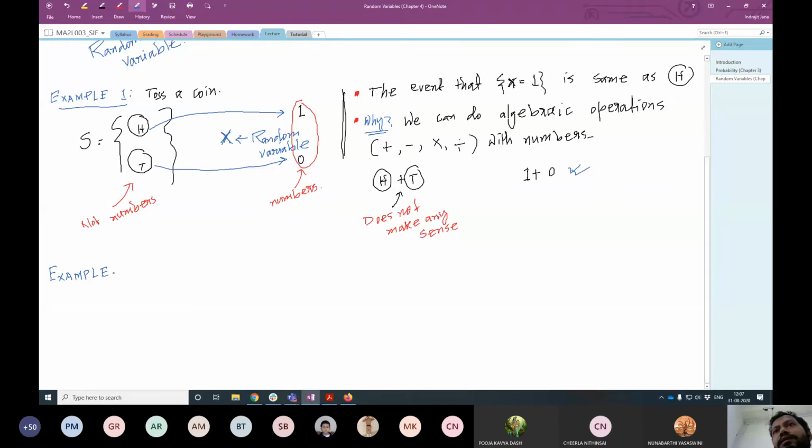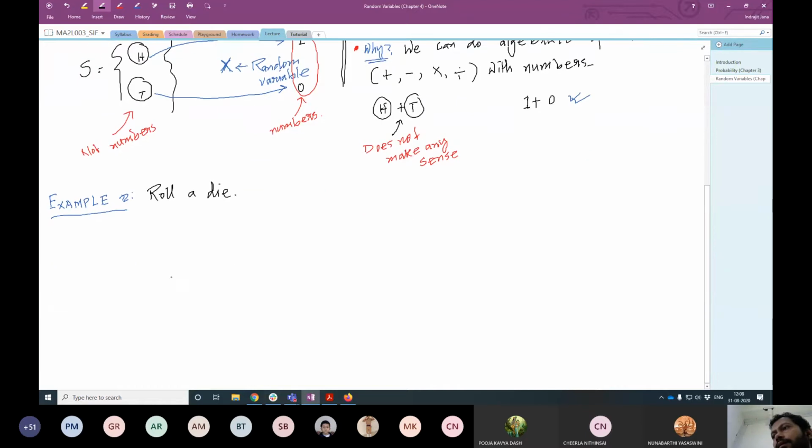Let's look at another trivial example again. So if you roll a die, then you see the sample space. Actually, sample space are not actually numbers. If you roll a die, you don't see numbers, right? You see pictures like this.